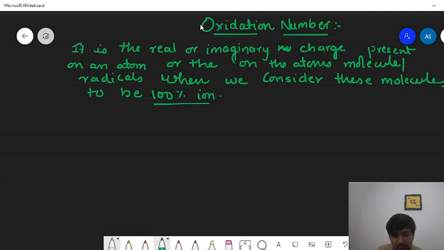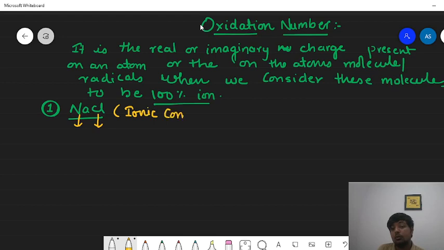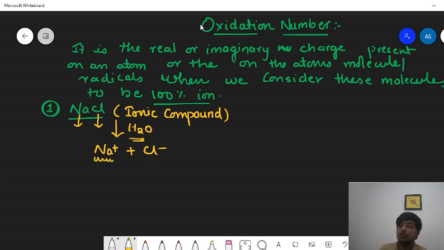Now start with the example, that is NaCl. If anyone asks you what is the oxidation number of Na and Cl over here, it is very obvious that this is an ionic compound, and we know that when we put this ionic compound in water, it will dissociate into Na+ and Cl-.